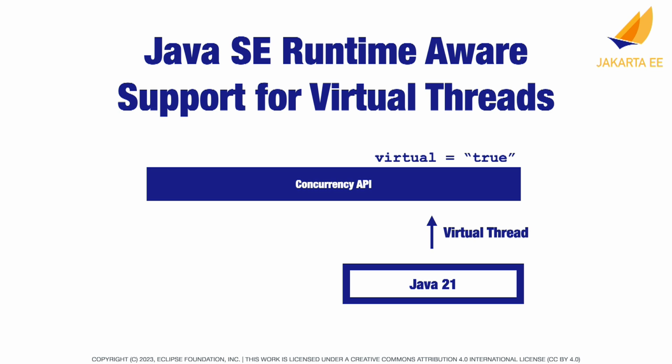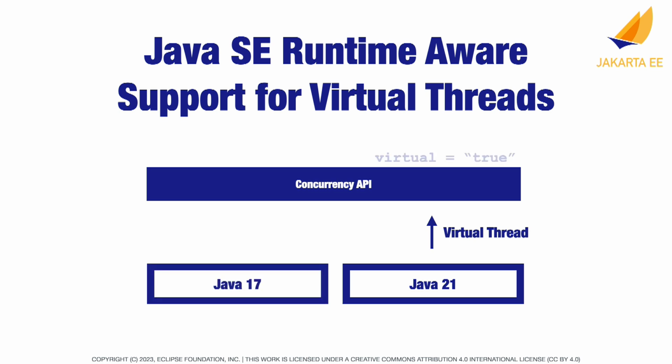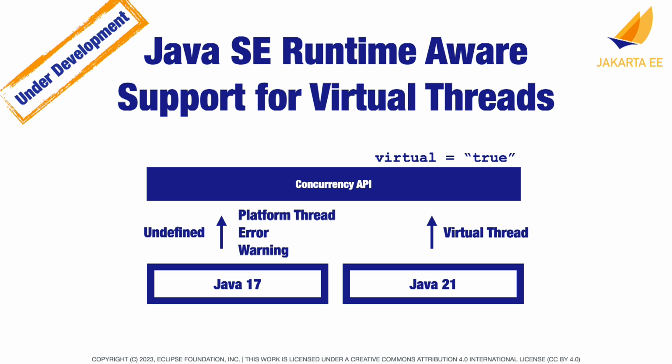So all fine there. What if we run on 17 and still have virtual equals true? Well, the specification will say, and this is what they're working on, this can change, but the current hypothesis is that it will be undefined. Either you get a platform thread and you just go on, or you can be issued an error saying this is a no-go, you're on 17, you cannot do that with virtual threads.